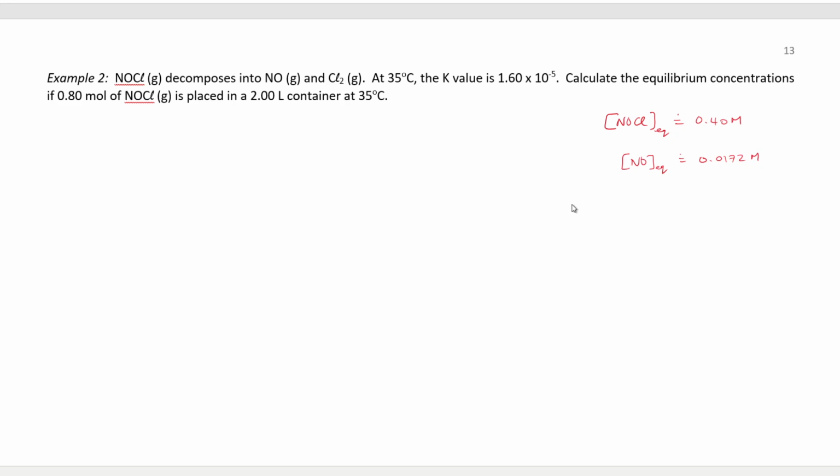And the concentration of Cl2 at equilibrium is approximately equal to 0.00862. So these are the answers that you can get using the assumptions that you will make in the question.